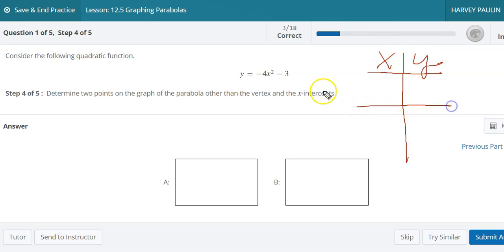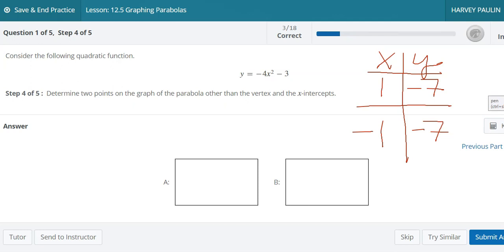And now we're going to just put randomly 2 other points. Now let's use a 1 and a negative 1. We're going to put that into this formula and then solve it. Now I'll give you a chance to do it too, but I'll do it as well.